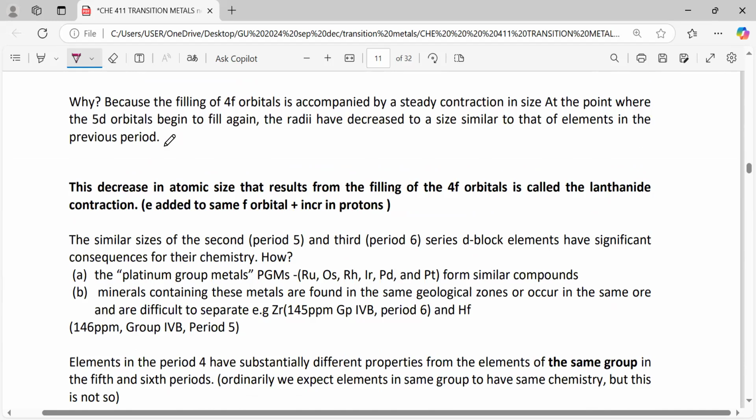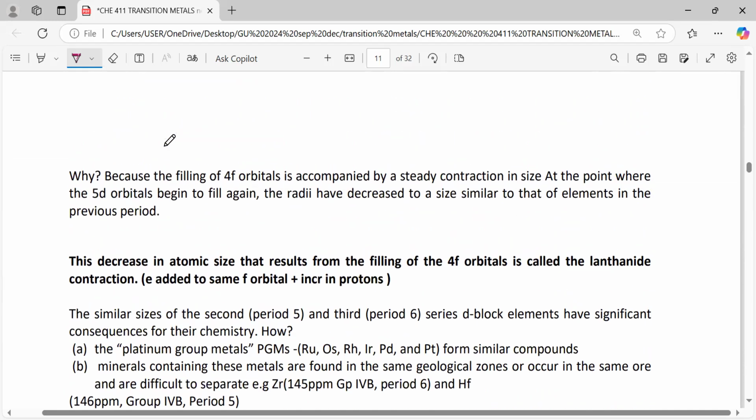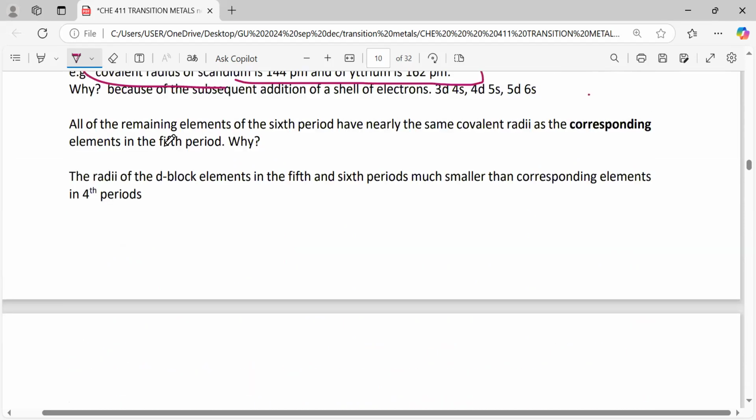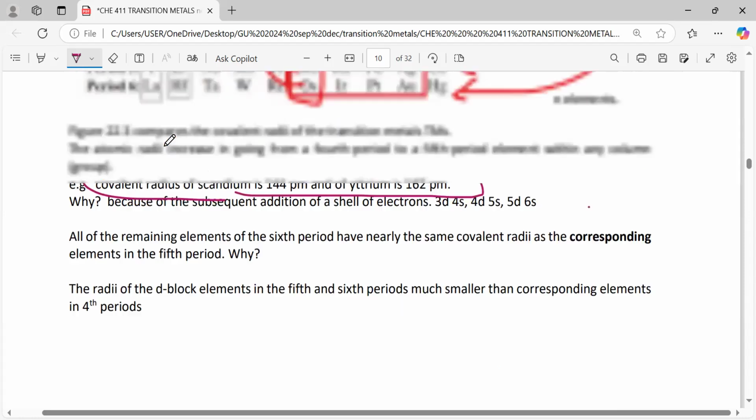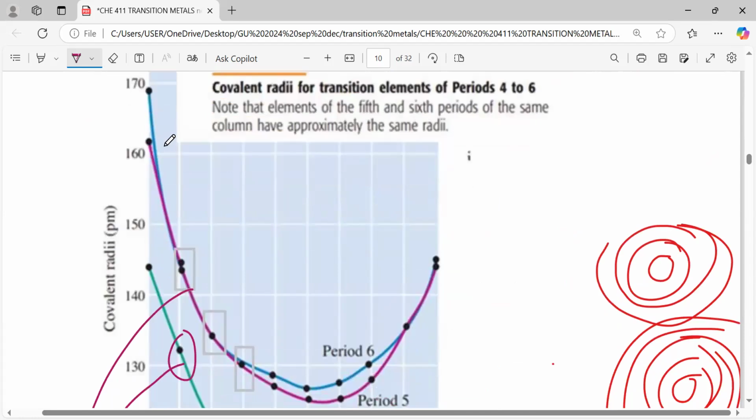So let's see the other observation. The radius of d block elements in the 5th and 6th periods are much smaller than corresponding elements. Let's see, what is that saying again?